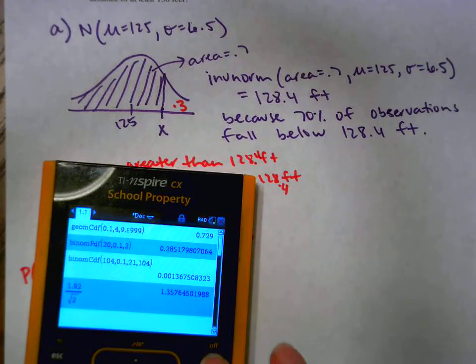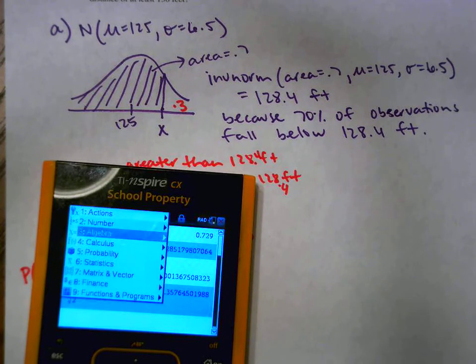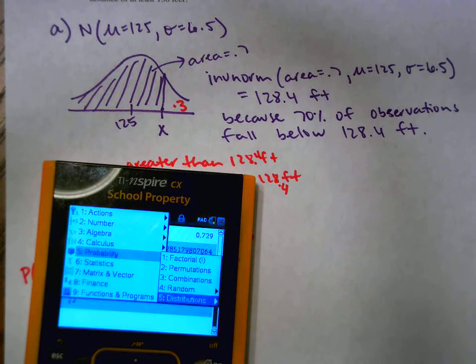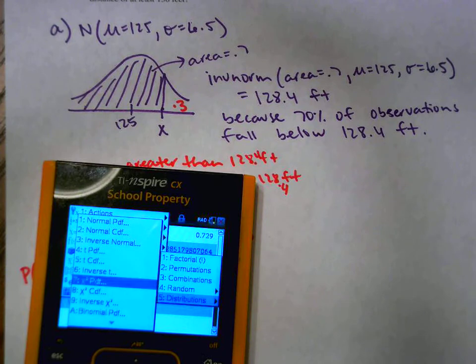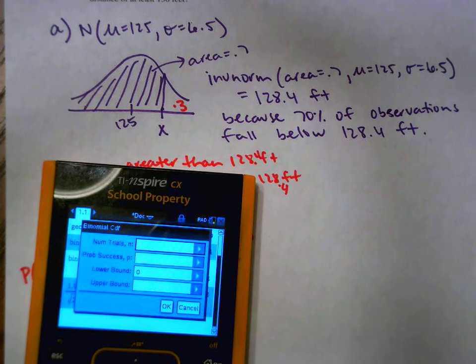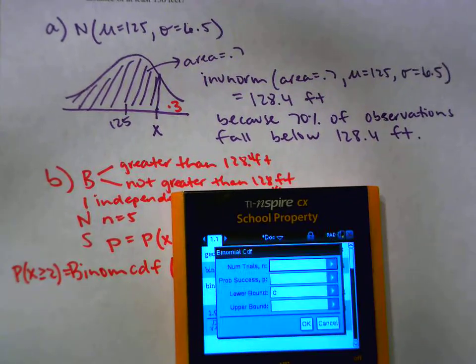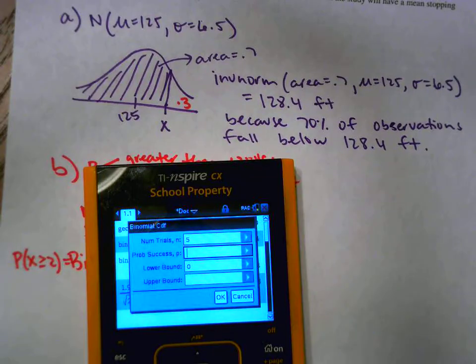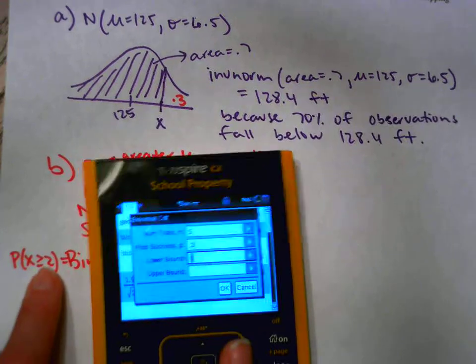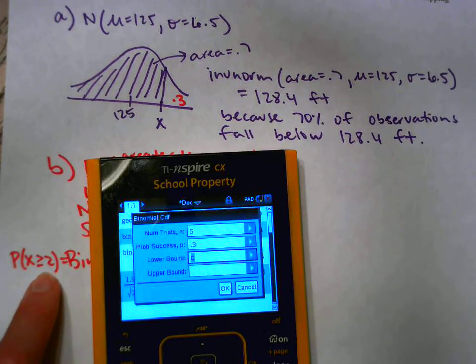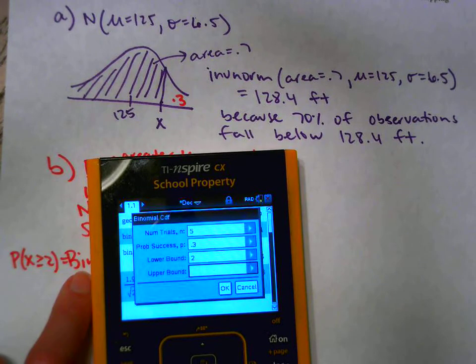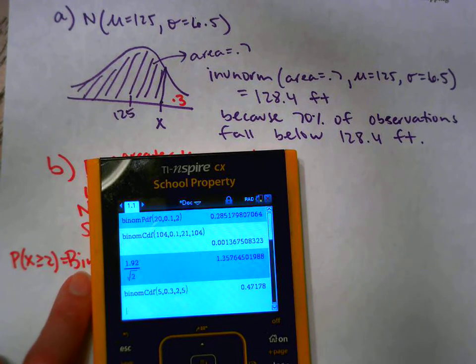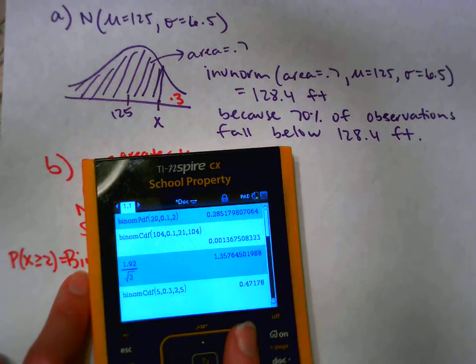We go to binomial CDF, distributions, CDF. The number of trials should be 5. Probability of success we got here is 0.3. Lower bound if you're at least 2 equals 2. And the upper bound is however many trials, the max is 5. So it's 0.4717.